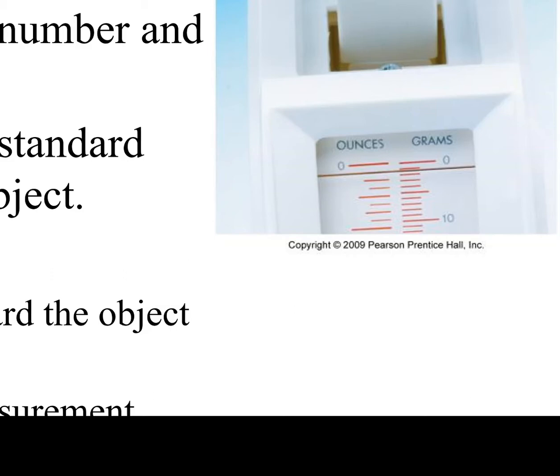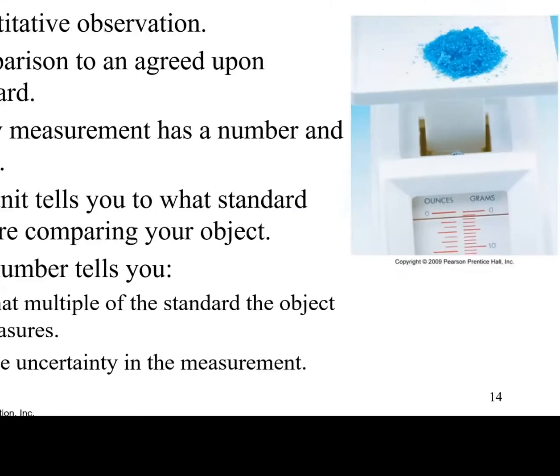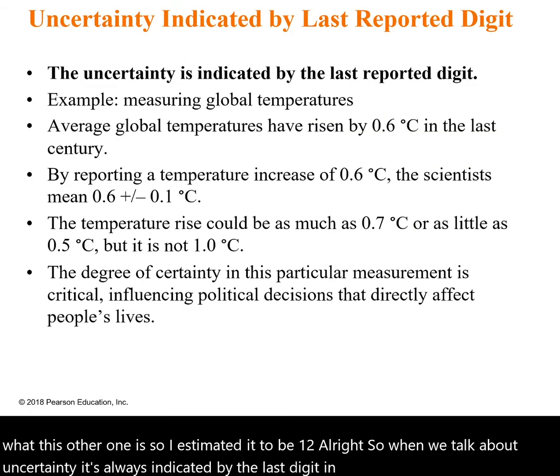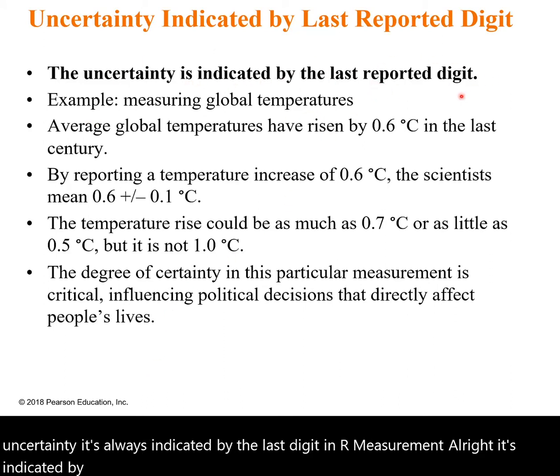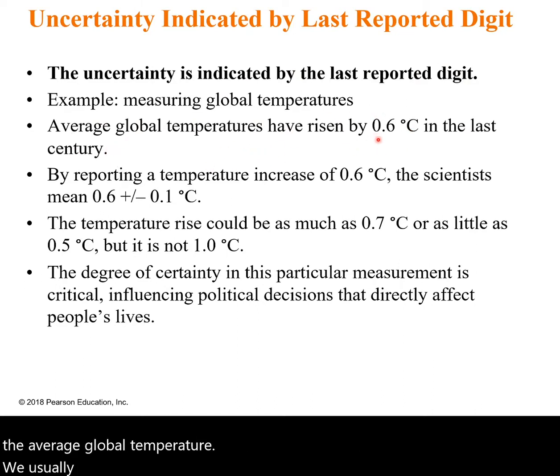All right. So when we talk about uncertainty, it's always indicated by the last digit in our measurement. It's indicated by the last reported digit in the measure. For example, if I were to measure the average global temperature, we usually say it has risen by 0.6 degrees Celsius in the last century.